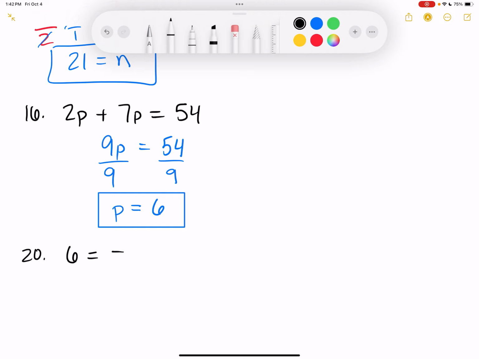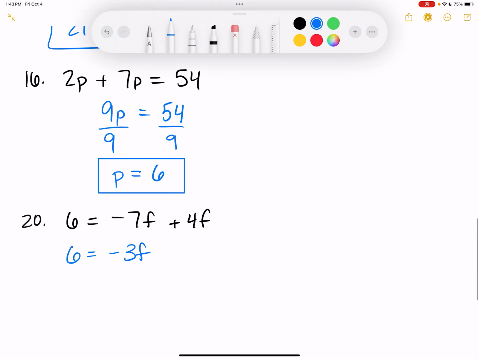6 equals negative 7f plus 4f. What do I do first? Add the 7 and the 4. So what do I get when I do that? Negative 3f. Negative 3f.